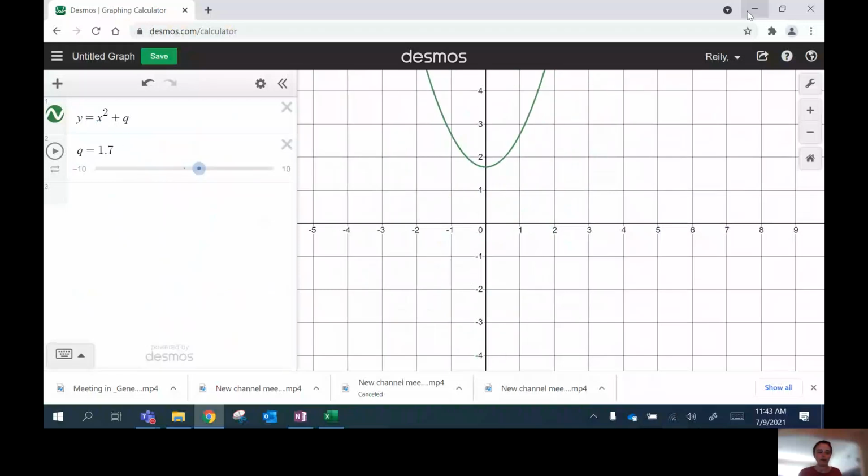So let's summarize that down here. When you have different values of q, it's going to shift the graph up or down depending on what those values are. If q is positive, we're going to have a graph that looks like this, shifted up.